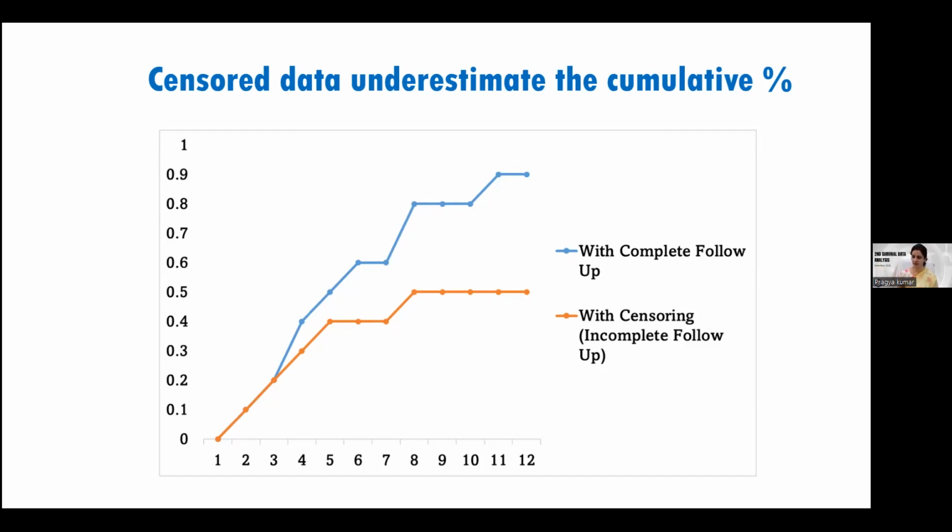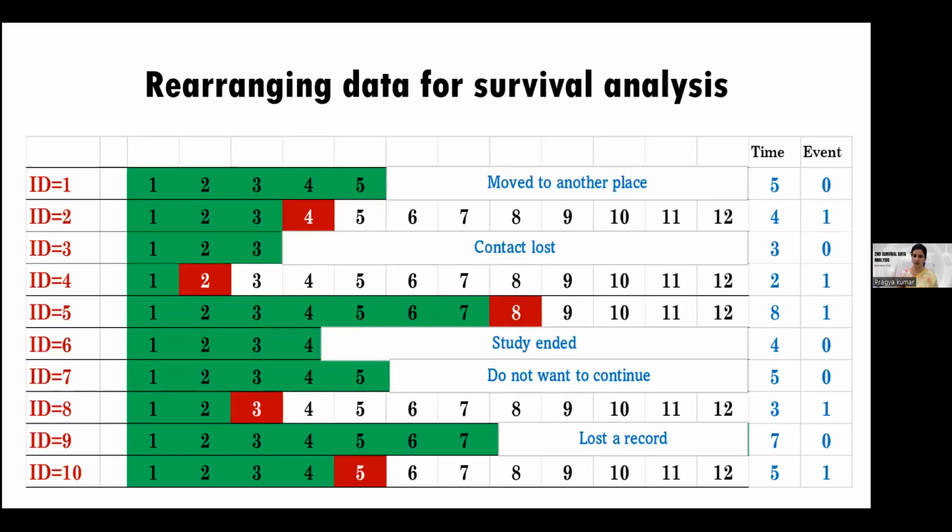And we have given this just to appreciate the need for survival analysis. So why should we be doing this? Now, if you rearrange the data for survival analysis, you can see that this is the time and this is the event. This 0 and 1: 0 is for the event not happened, that is the censoring, and 1 is for the event happened, whatever event you have defined.